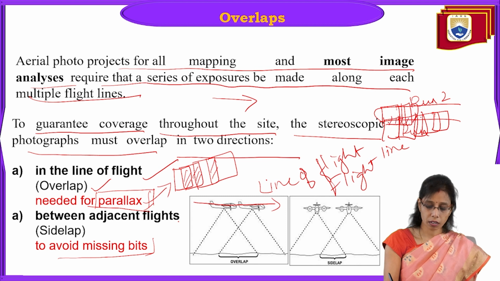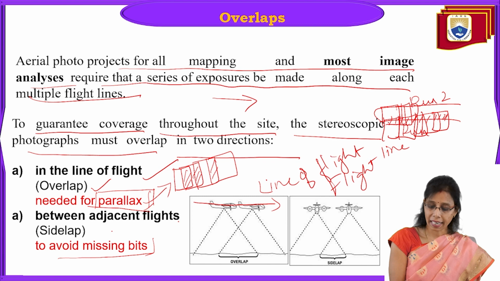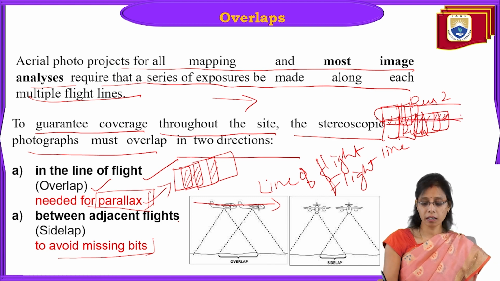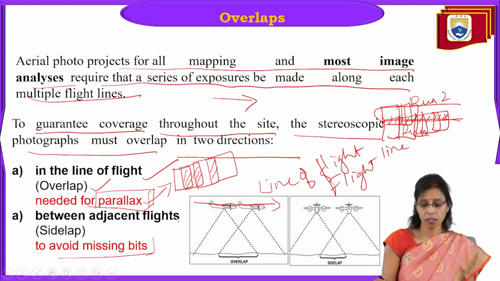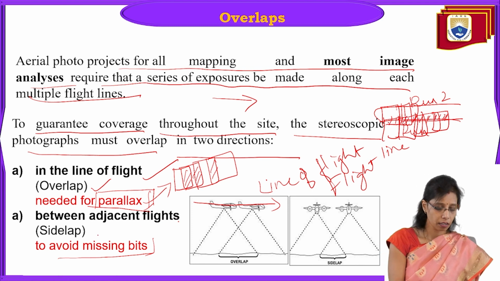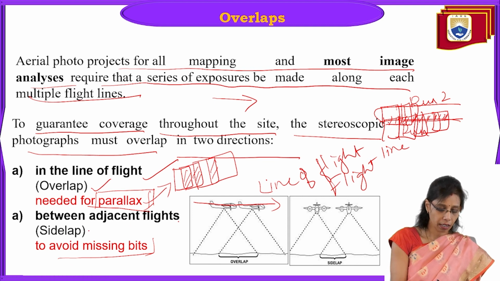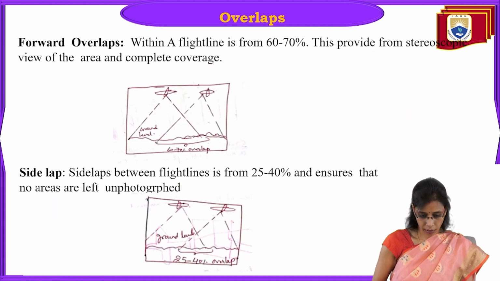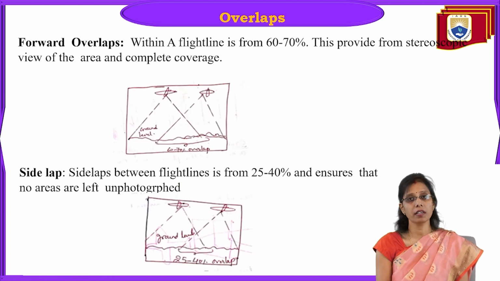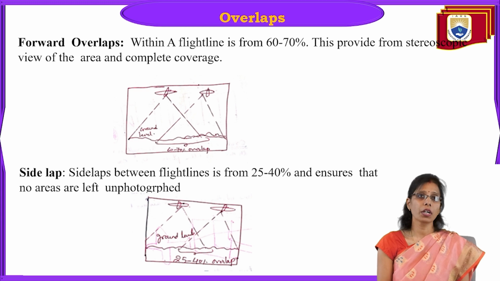So this overlap, which is between the flight lines, between the adjacent flights, run 1 and run 2, we call side lap, to avoid the missing bits.